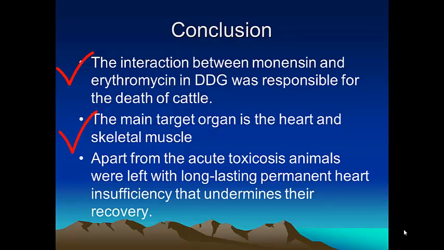As we saw, the main target organ is the heart, and that explains the rapid death of the animals in just a matter of a few days from the exposure. And finally, because the heart is also the organ affected, apart from the acute toxicosis, animals were left with a long-lasting permanent heart insufficiency, and that undermined their recovery.